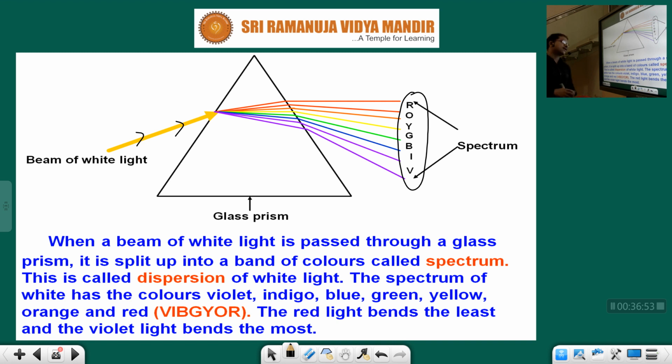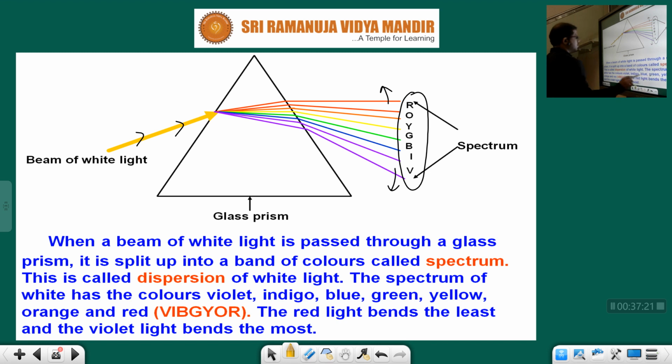This happens due to refraction, and due to refraction the light rays deviate according to their wavelength. So red color deviates less and violet color deviates more. Okay, children, and this is also called dispersion.